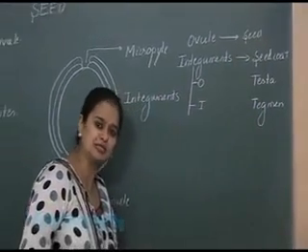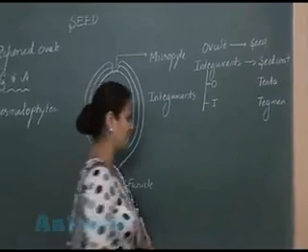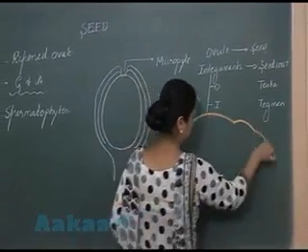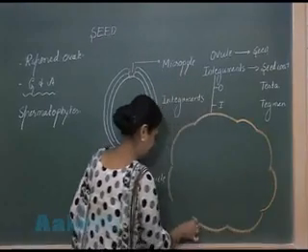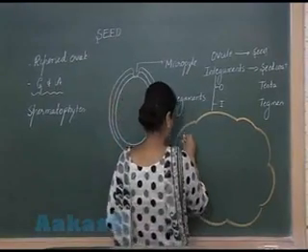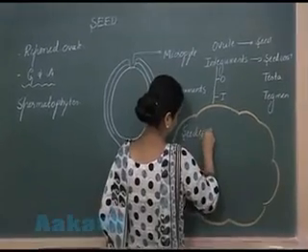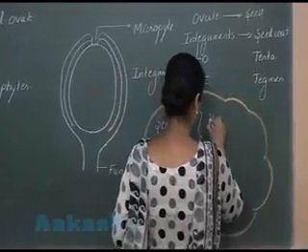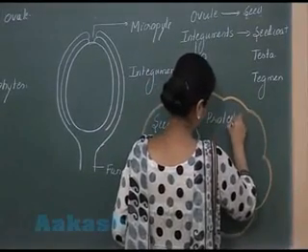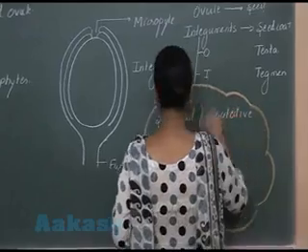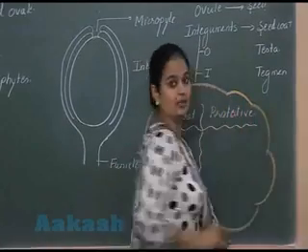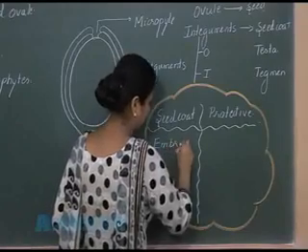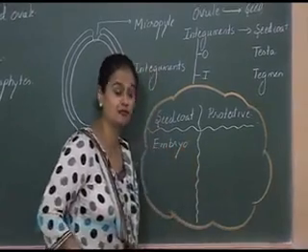Now in our typical seed there is presence of three main parts. Three parts are present in the seed. One is seed coat, yes, that's our protective covering, right. Then another one is embryo. You know that embryo after the development forms the future plant.